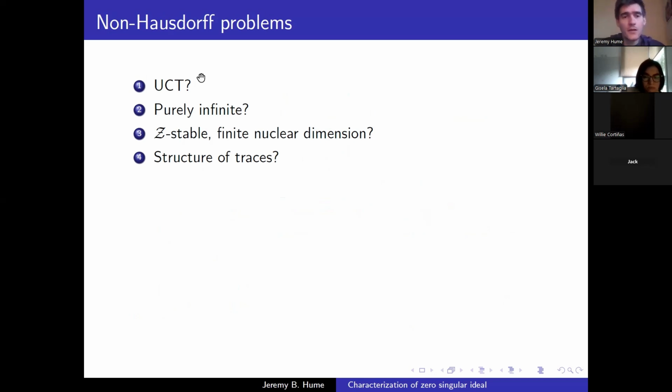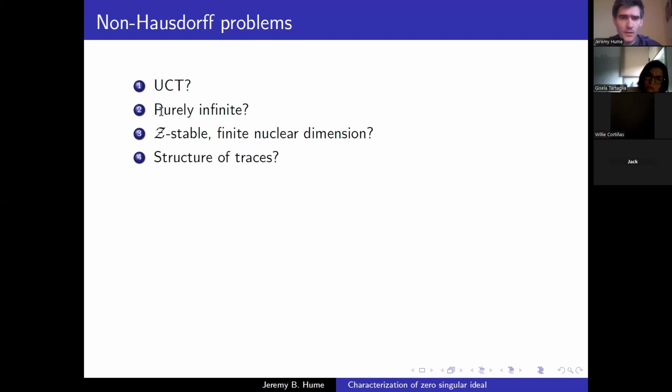It's not known whether, given some nice regularity property like nuclearity, the groupoid C-star algebra satisfies the UCT.